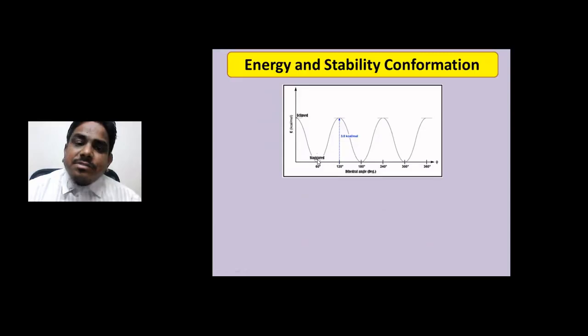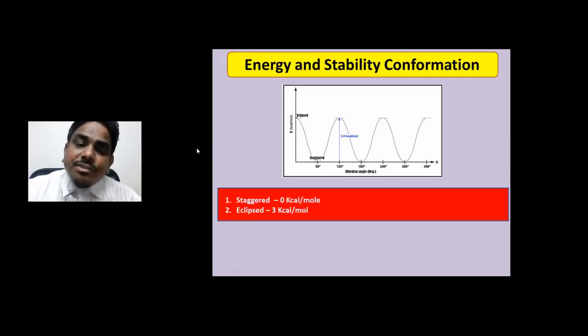In the staggered conformation, all the non-bonded hydrogens are going away from each other, so its energy decreases. The energy of the staggered conformation of ethane is relatively lower than the eclipse conformation because of the absence of all the interactions. Accordingly, the energy of the staggered conformation of ethane is 0 kilocalories per mole, and the energy of the eclipse conformation is 3 kilocalories per mole.